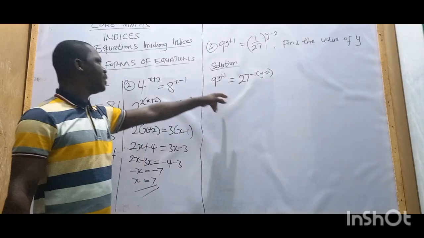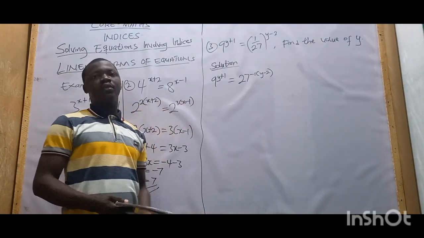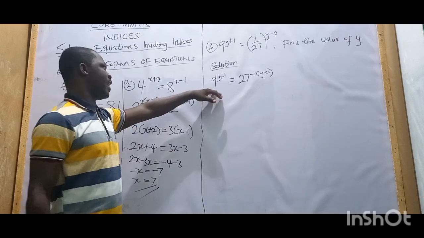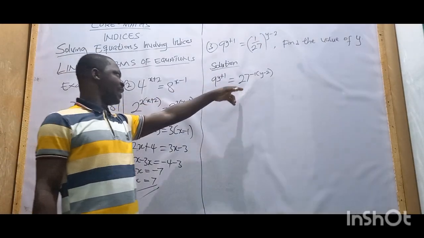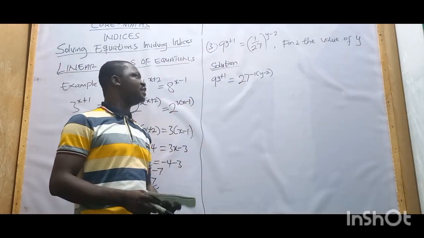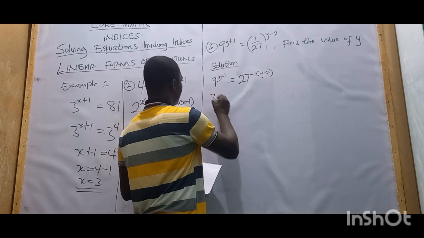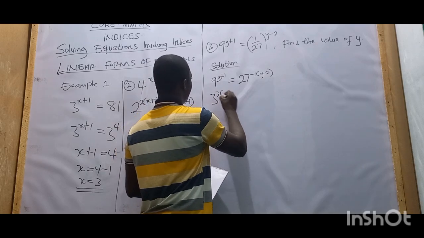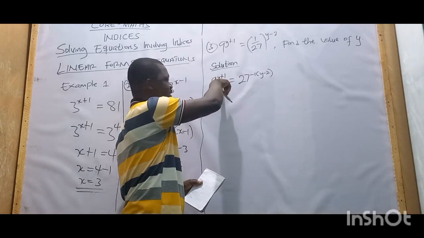So if we check 9 and 27, the base will be what? 3. 3 multiply itself twice will give you 9. 3 multiply itself 3 times will give you what? 27, right? So our base is 3. As I said, always put your exponent in brackets, right?